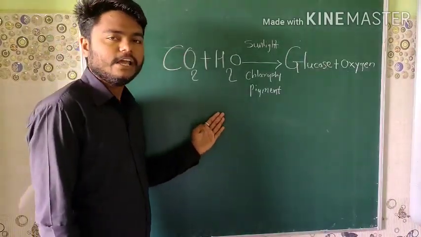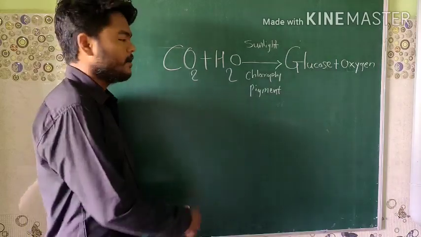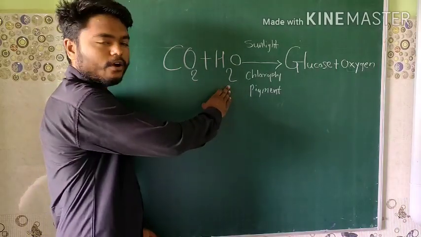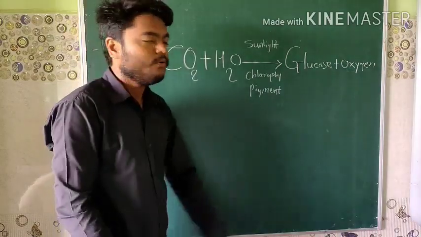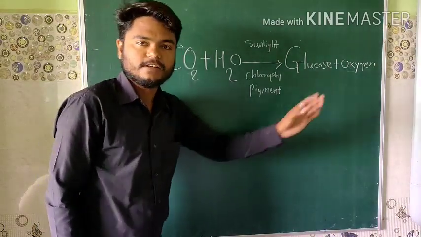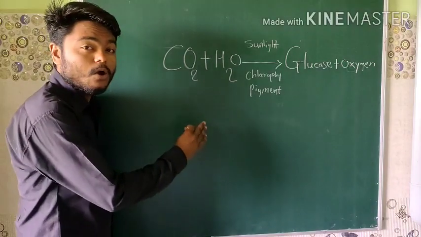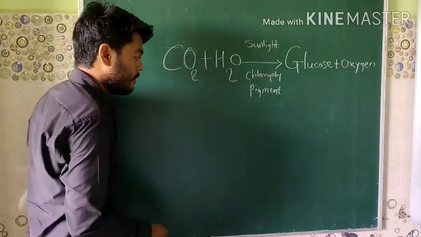This is the general equation of photosynthesis: carbon dioxide plus water, in the presence of sunlight and chlorophyll, gives glucose and oxygen. One by one we will see how this process happens.